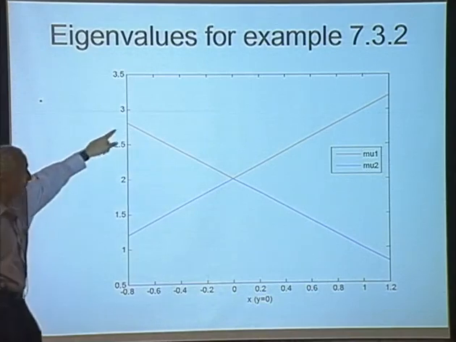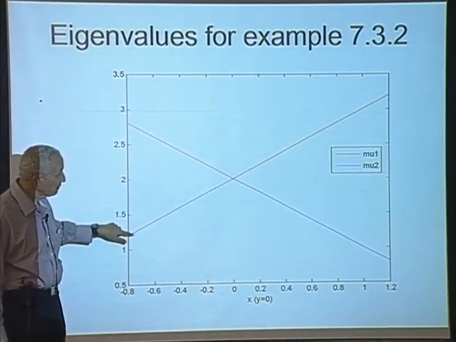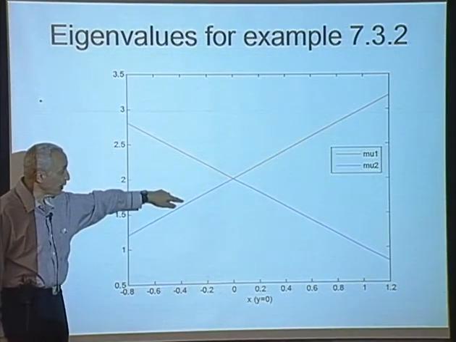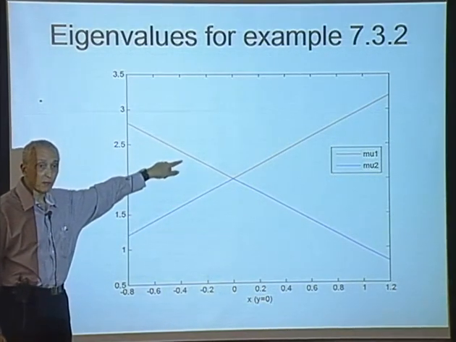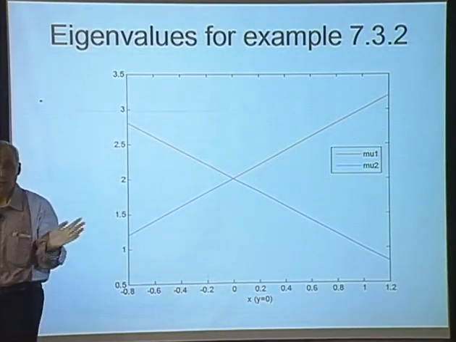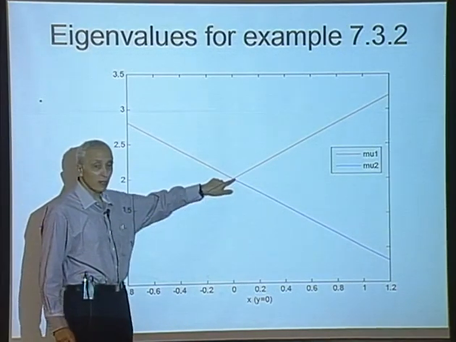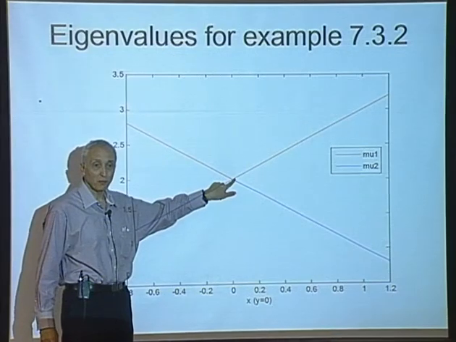So notice what happens here. For negative values of the design variable, one frequency goes up and the other frequency goes down, and then they meet here, and each one of them changes direction. That is, they make sort of a 90-degree turn, and you can see that calculating the derivative here is not going to be very productive.